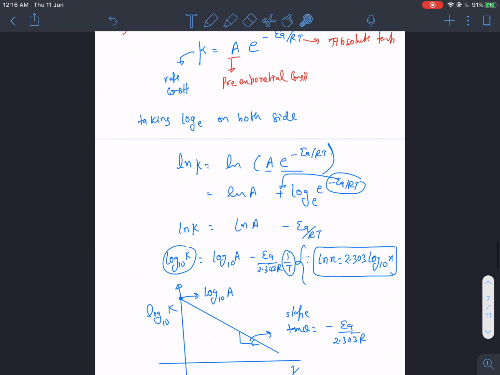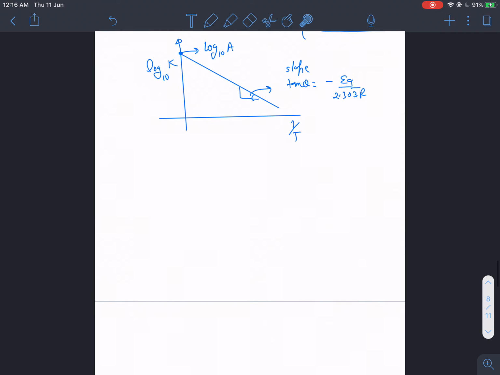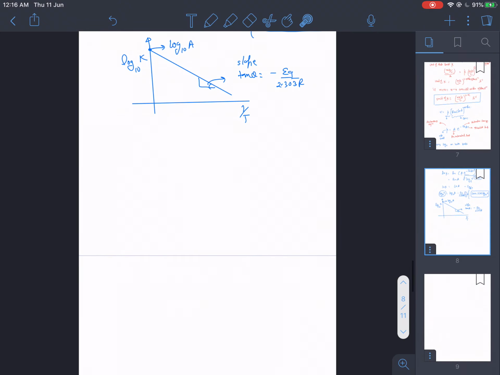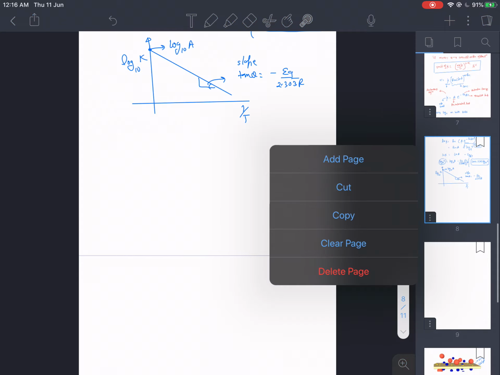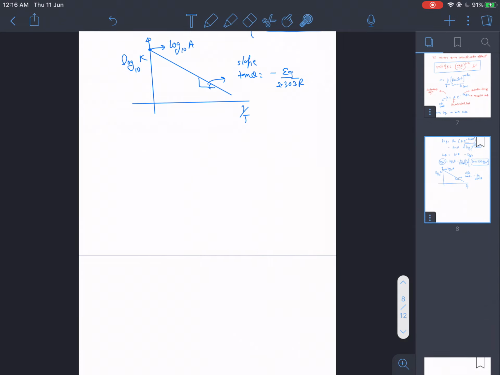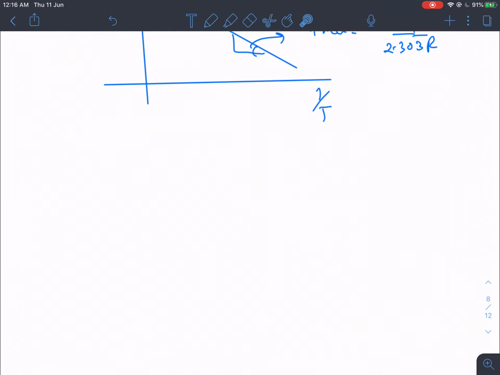Now let's talk about activation energy, guys. What is activation energy and how does it affect the rate of reaction? So activation energy, let me explain it in this way. Right. Let's talk about two atoms which are going to come close to each other.